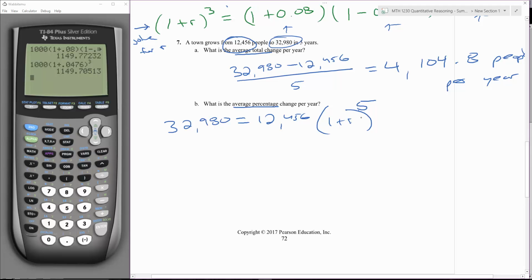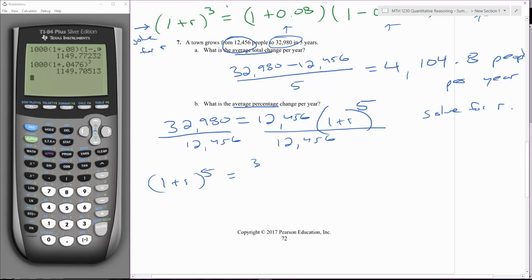So we need to solve for r. I divide both sides by 12,456. So we get 1 plus r to the 5th power equals 32,980 over 12,456.